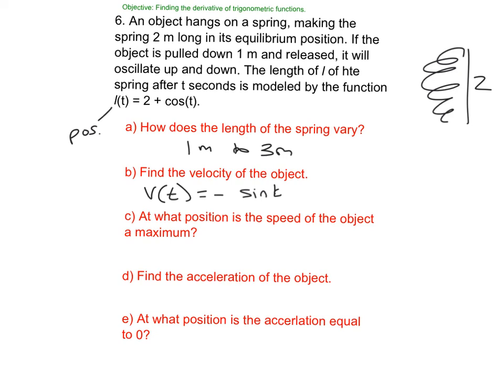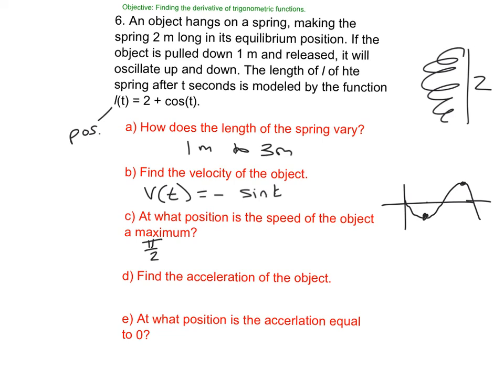At what position is the speed of the object a maximum? So the speed, remember, is basically the absolute value of velocity. So when is the velocity at a maximum? Ooh, so this is our velocity, right? We can think of the graph of it. Where's the maximum point where the speed is a maximum? So it's speed, so it actually doesn't matter. So it's pi over 2 or 3 pi over 2.